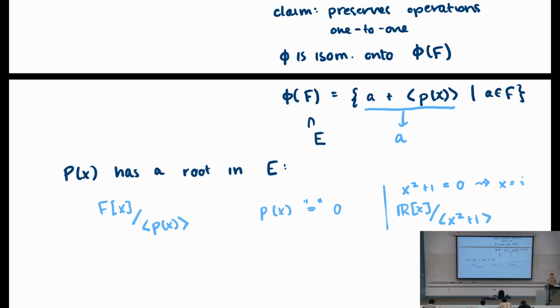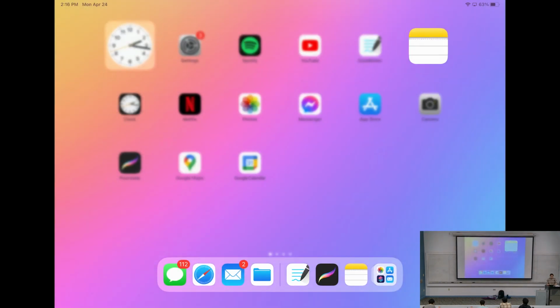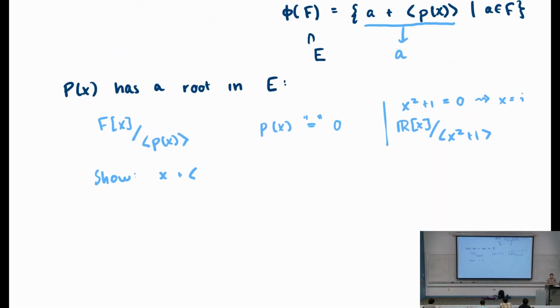So we're going to show that the element x plus the ideal generated by p(x) is a root of p(x). Does it make sense, why this is what we believe might be a root?